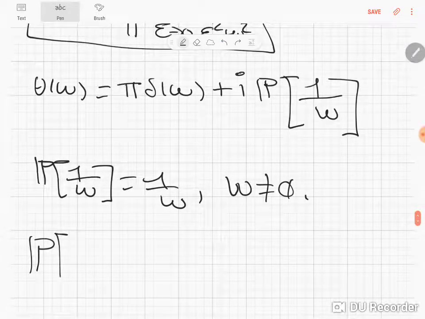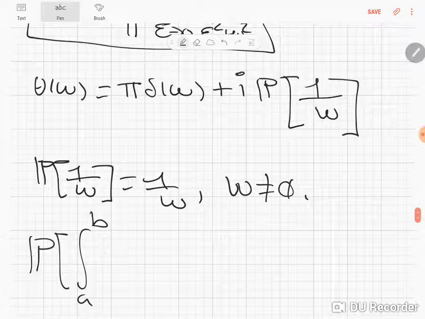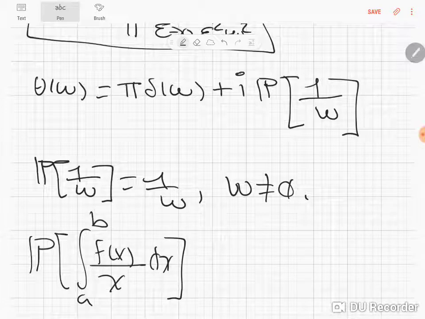Principal value of the integral from a to b of f(x) divided by x dx. You just split this integral into an integral from a until before 0 and from after 0 to b.